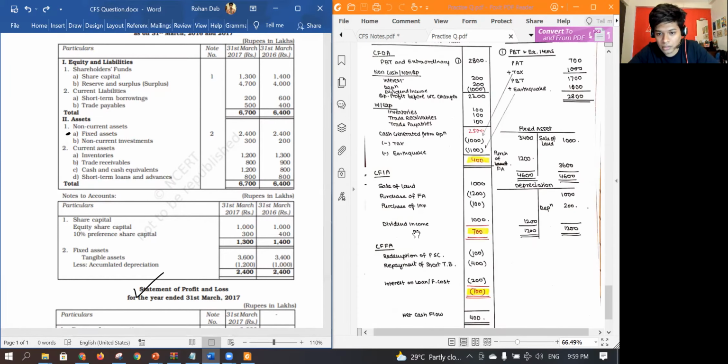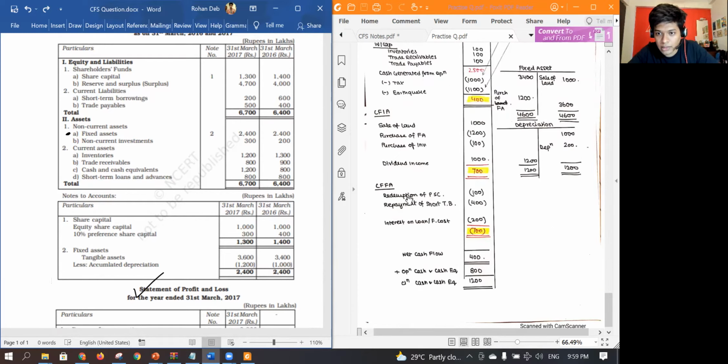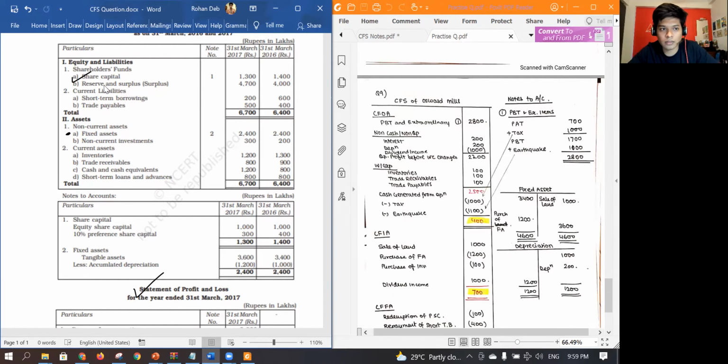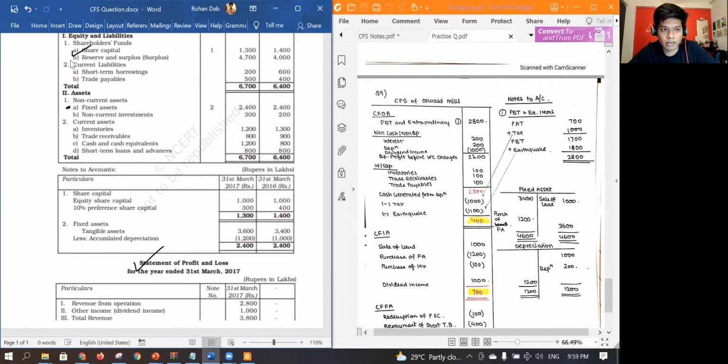So I'll add it over here. You can see redemption of preferential capital 100. So that's the first thing taken care of. So share capital done. Reserves and surplus 700 we've already taken. Reserves and surplus will not have an impact because we have started with profit and loss account. So this is done.